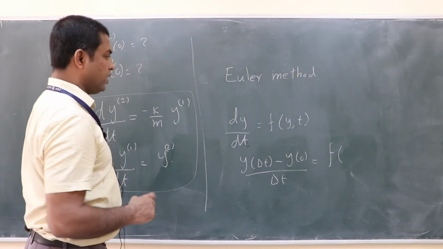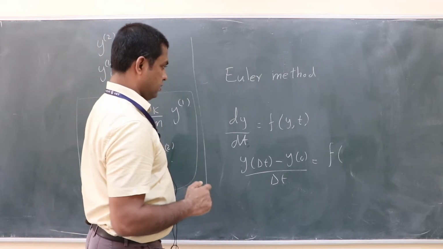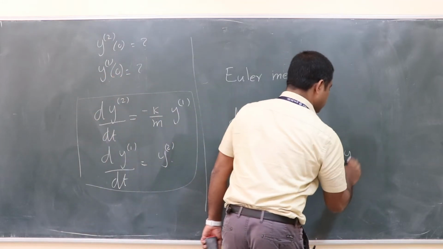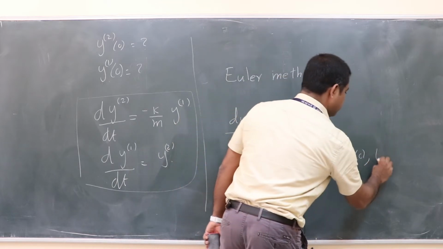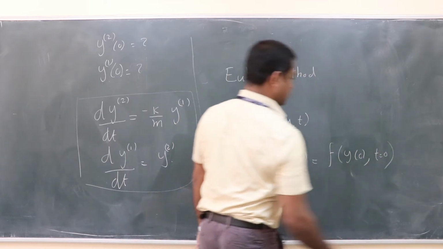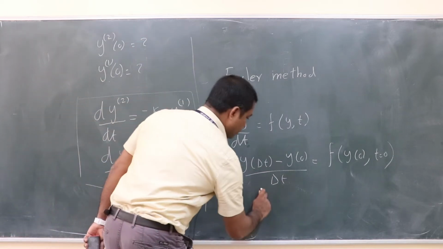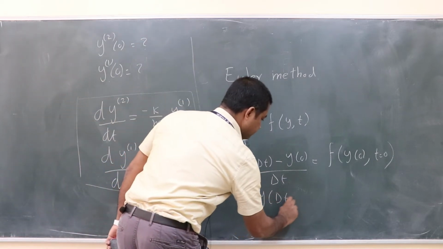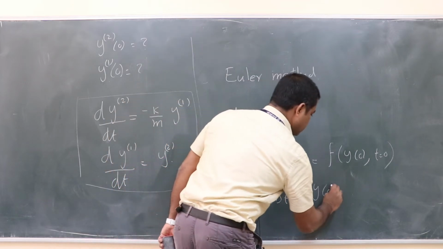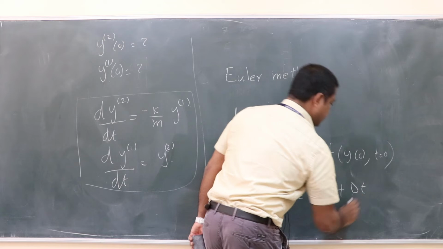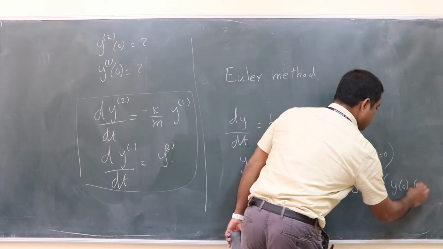If it's a forward Euler, y at 0 and t at 0. So from this you can calculate y at delta t as y at 0 plus delta t times f of y at 0, t at 0.